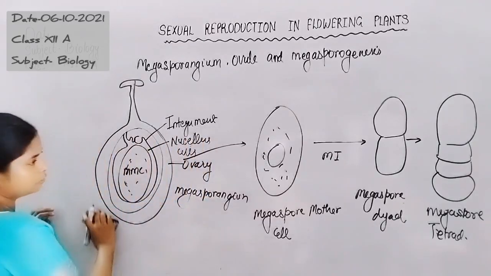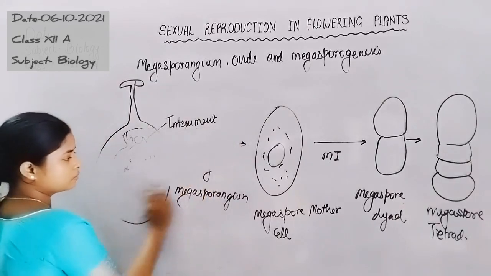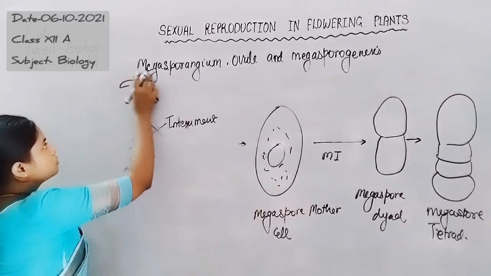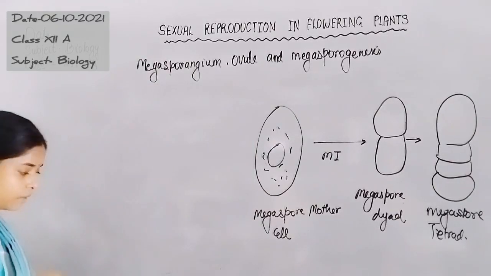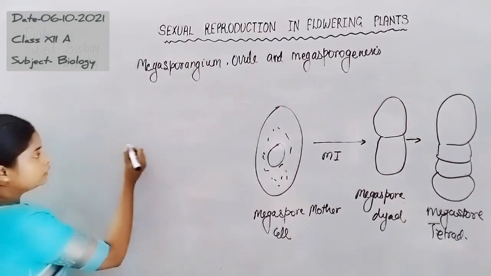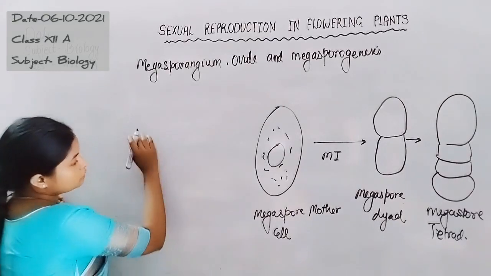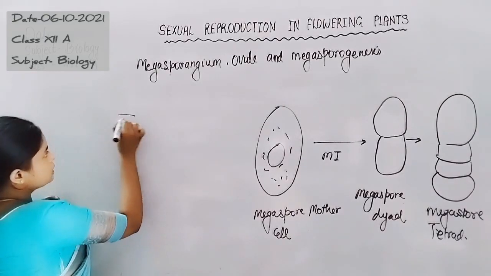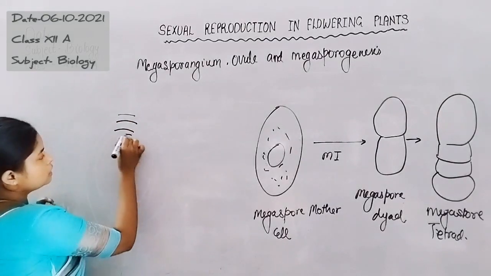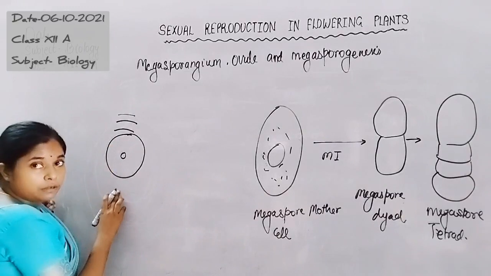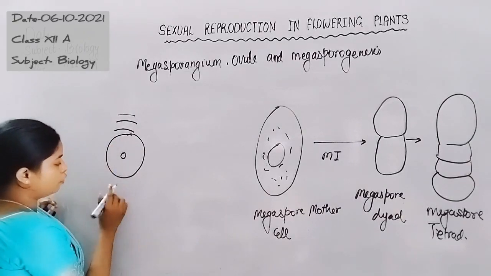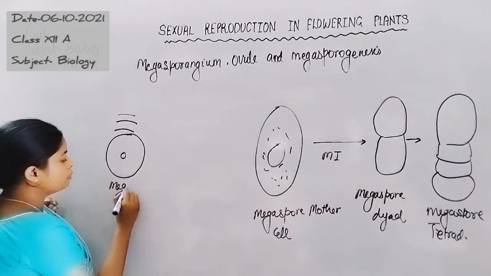So I will draw here. In the megaspore, all the cells undergo degeneration except one. Three cells undergo degeneration. The one cell only enlarges to form a large megaspore.